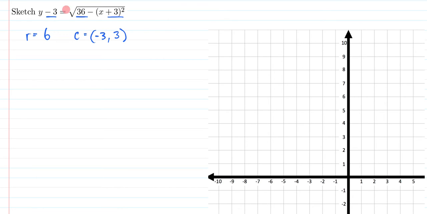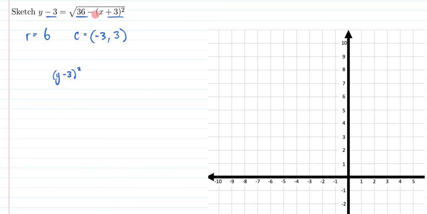Now this is where some people might get confused, but a way in which you can always figure out what your center is when you're dealing with semicircles is by putting it back into the circle form of the equation. So in this case, I would square both sides to get rid of my square root, and I would be left with y minus 3 squared.